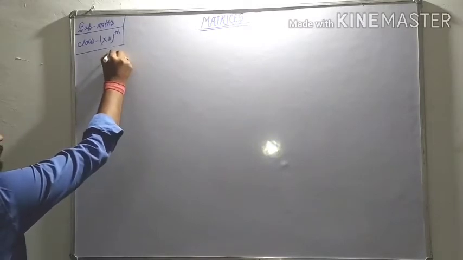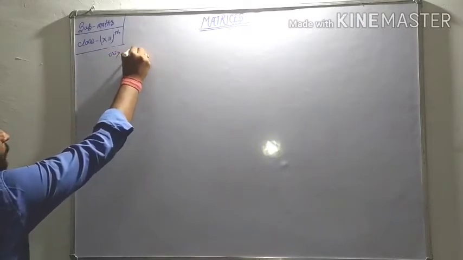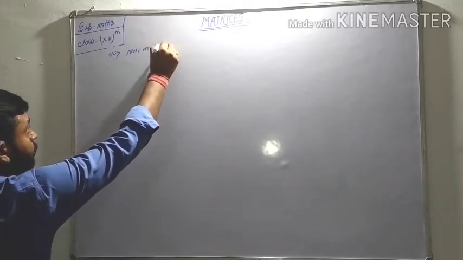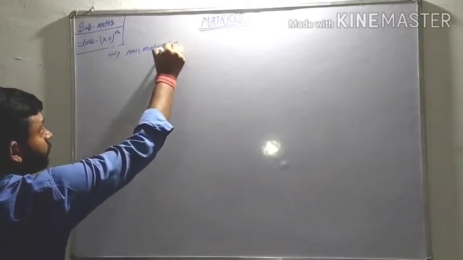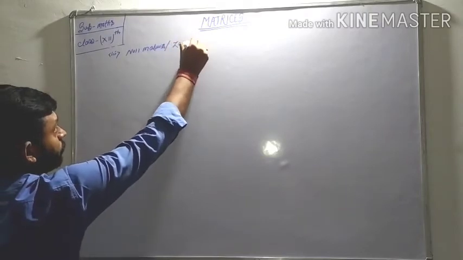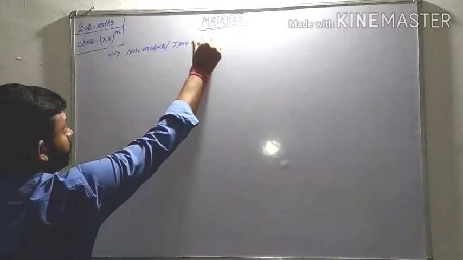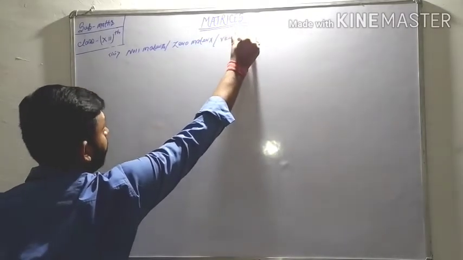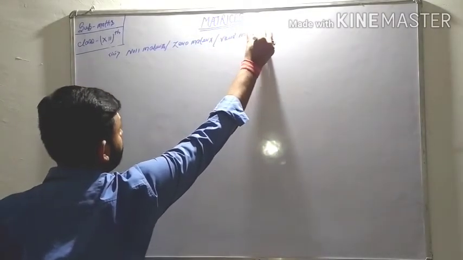Now number 3, null matrix or zero matrix or void matrix.